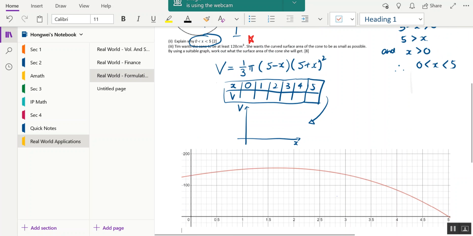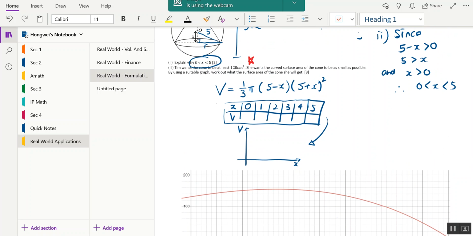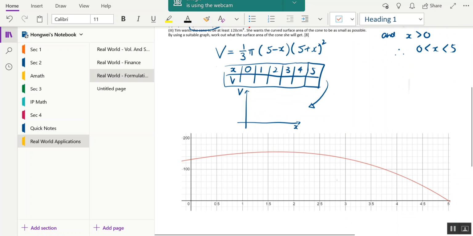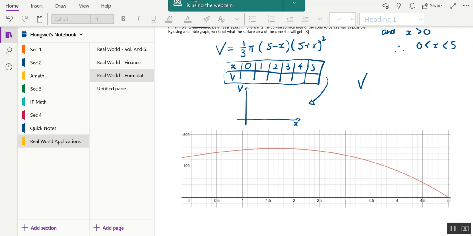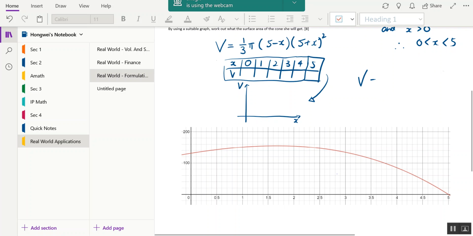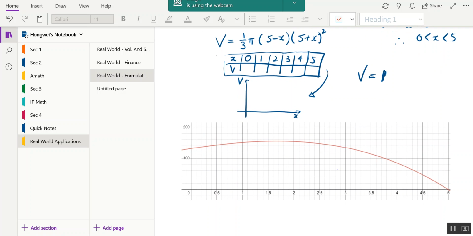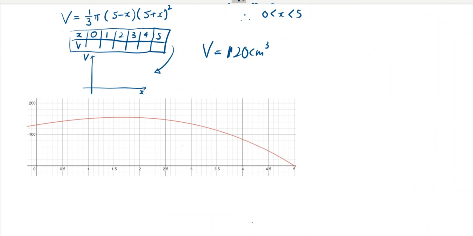So what did the question say? The question says that she wanted it to be at least 120, which means the volume is equal to 120 cm cube. V represents your y-axis. y equals 120. Where would that be?